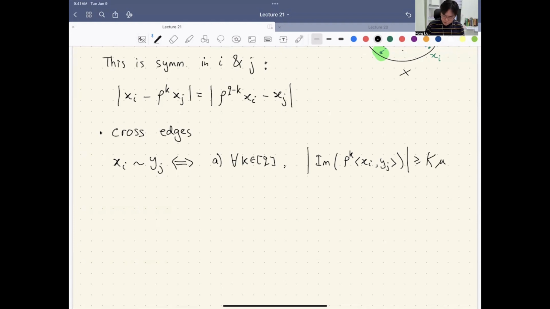The second condition is that the inner product of xi and yj lies in the unit disk by Cauchy-Schwarz, and lies in the first p over q proportion of the pie chart.